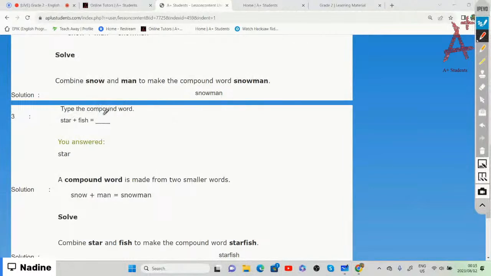If we put these two small words together, then we have starfish, right? So we have a starfish, and the meaning even changes of those two words. So our compound word is starfish.